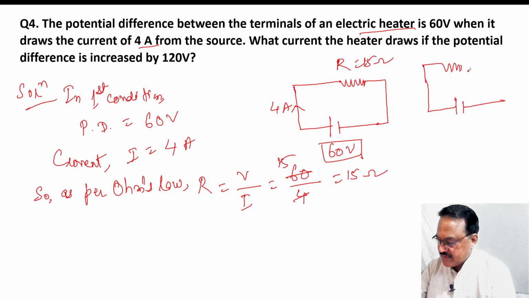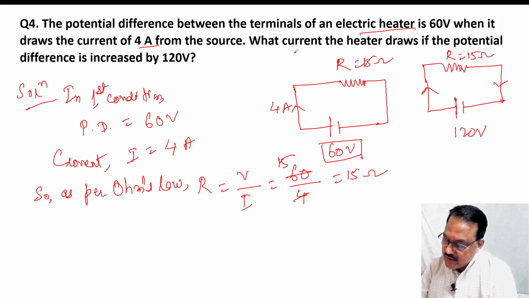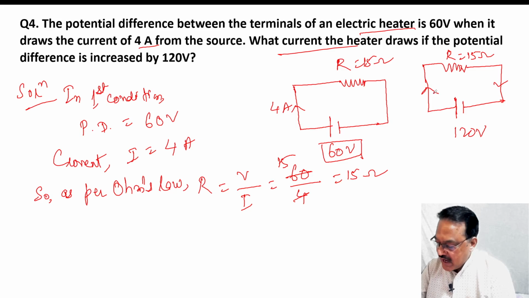Now it has become 120 volt, and resistance we have already calculated. Here R is equal to 15 ohm. Then what is to be calculated? What current the heater will draw, means I is to be calculated here in second case.